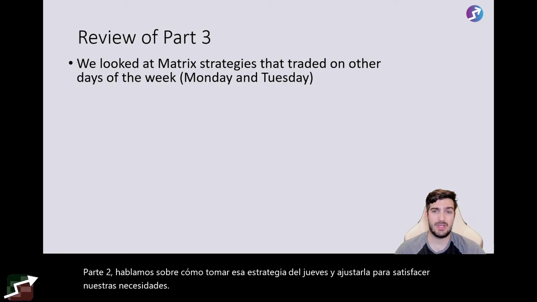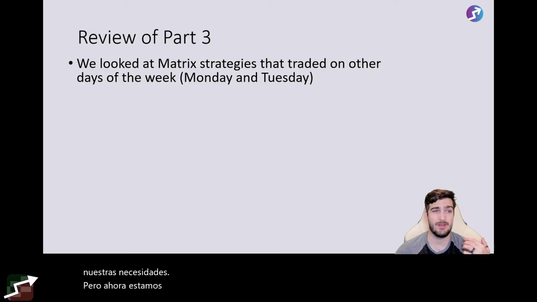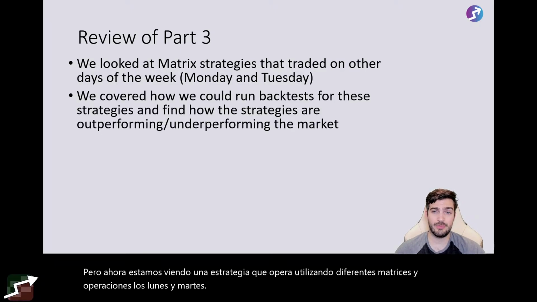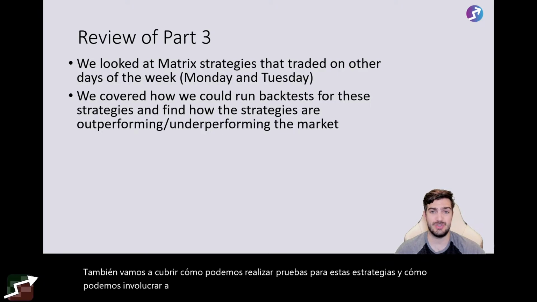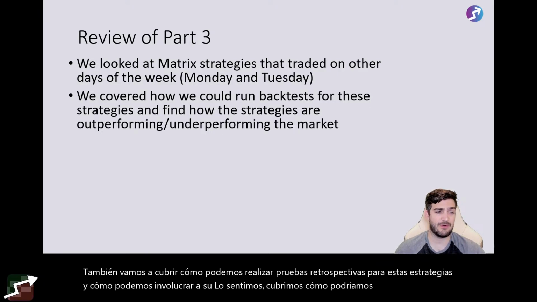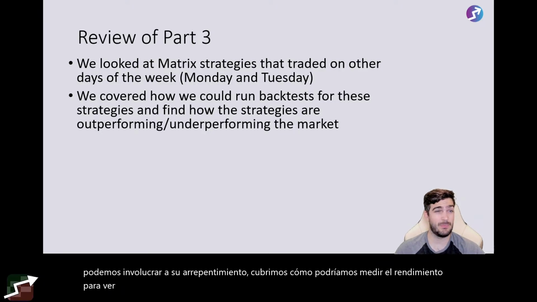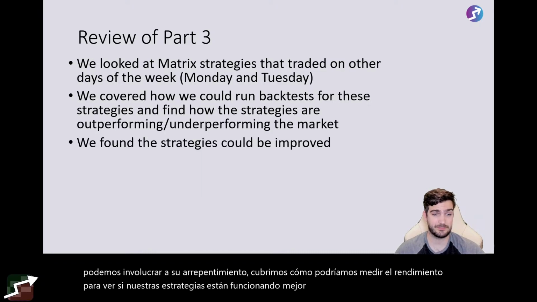But now we're looking at a strategy that trades using different matrices and trades on Mondays and Tuesdays. We also covered how we can run backtests for these strategies and how we could gauge the performance to see if our strategies are doing better or worse than the market.